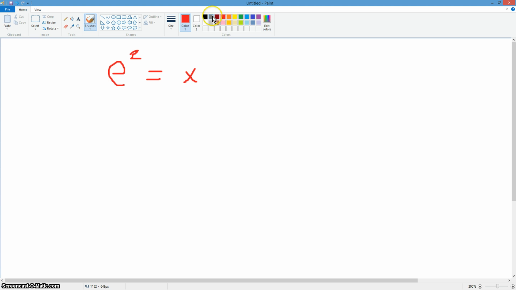Now again, that is in the form a to the y equals x, which, if we want to rewrite it into natural log, that'll be log base a of x equals y. Okay, log of x base a is equal to y.